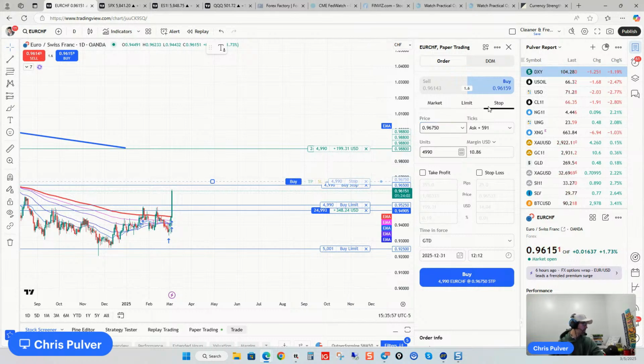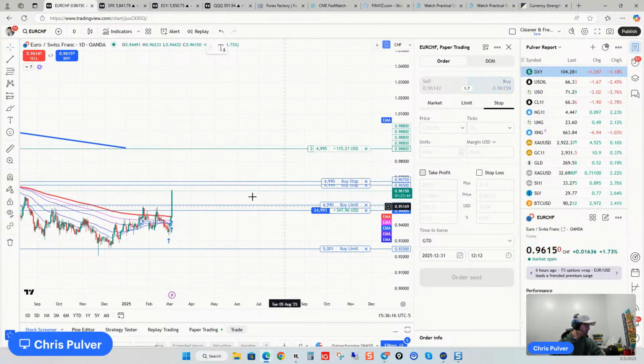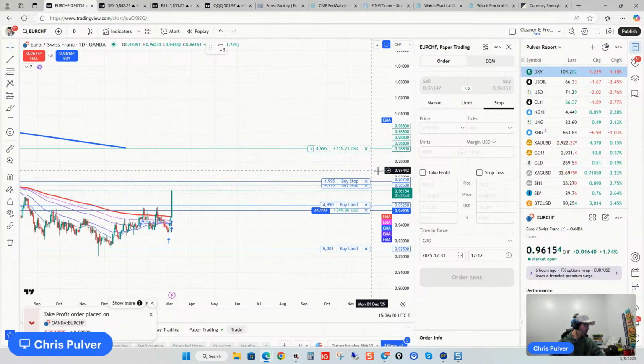This is a stop buy at 0.9675, 4995, take profit at 0.9880. Oh my gosh, there we go. And enforced buy stop there, and then another one at 0.9700.